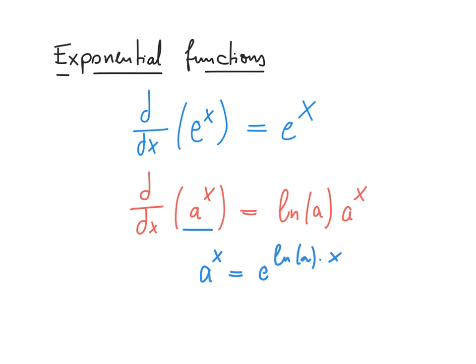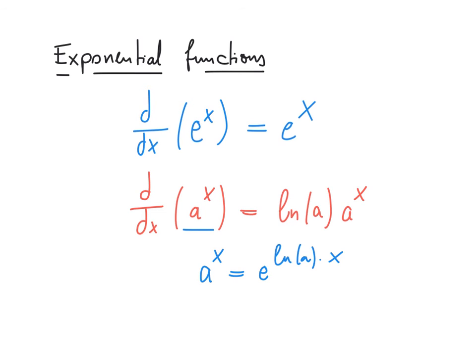And once you apply the chain rule to this expression here, you will see that you get exactly this out, because you have this inner function, so to say, ln a times x. So that's the reason behind this, why you get this term out here.